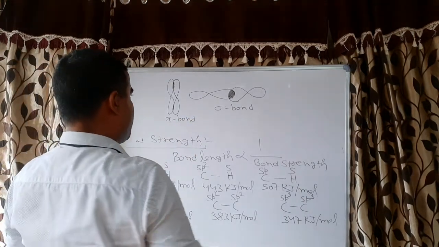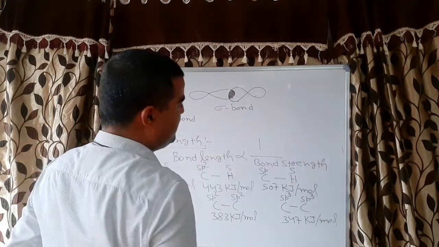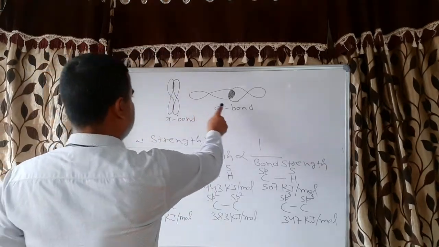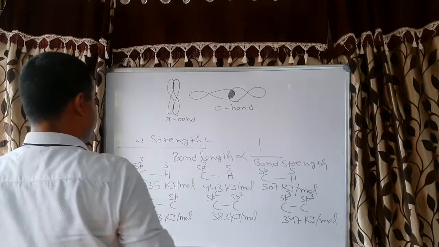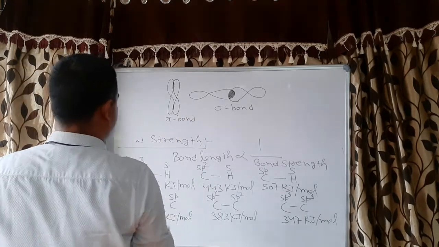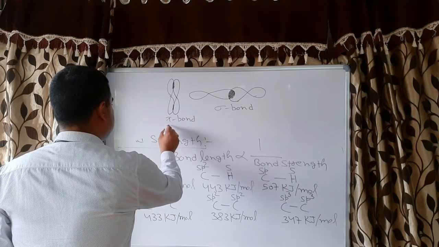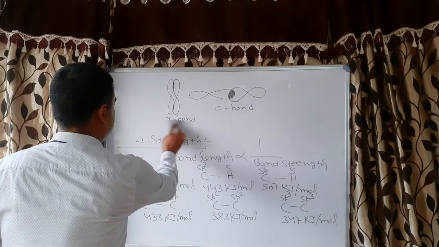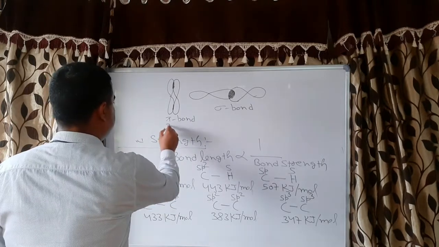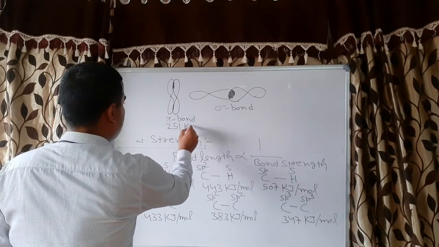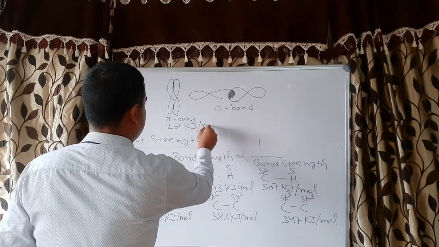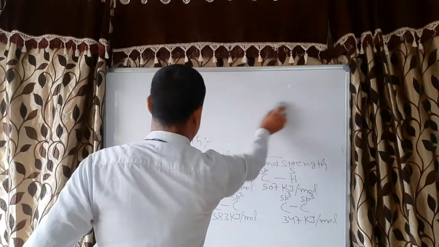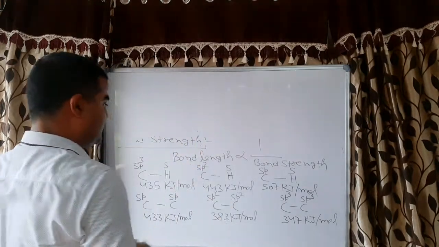The more the extent of overlapping, the stronger the bond. It means pi bond is weaker than sigma bond, correct? And the energy of the pi bond is taken as 251 kilojoule per mole. Here, one pi bond can come.